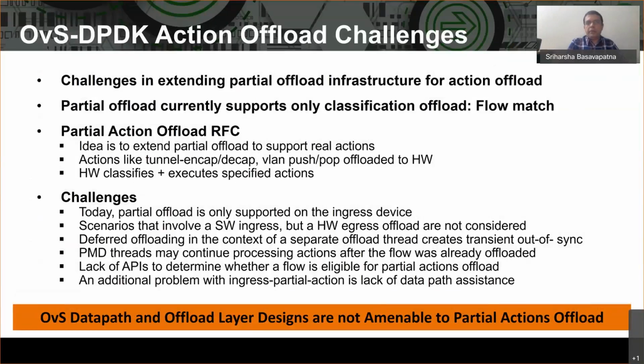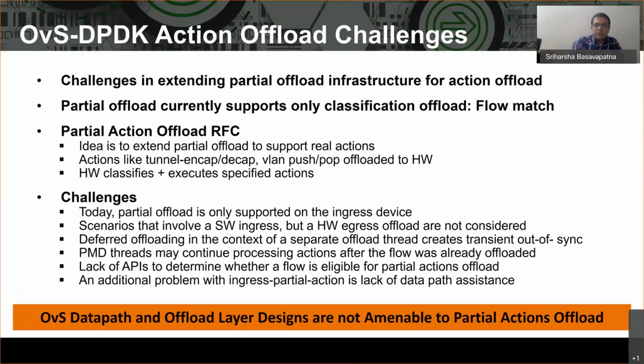This is typically done when you have a software port like a VirtIO or a vhost user port and a hardware port involved in the flow. We want to extend that and make it really offload real actions like tunnel encap, decap, VLAN push pop, and so on to hardware, so that hardware both classifies and executes a bunch of specified actions.